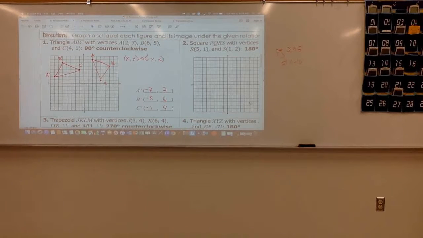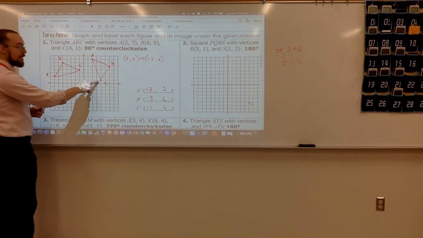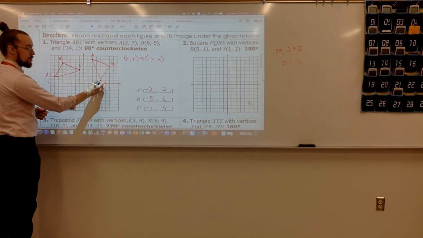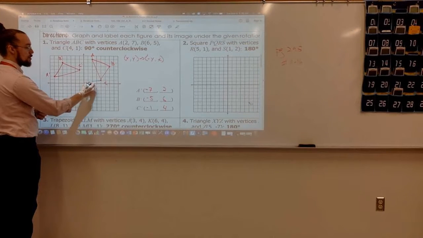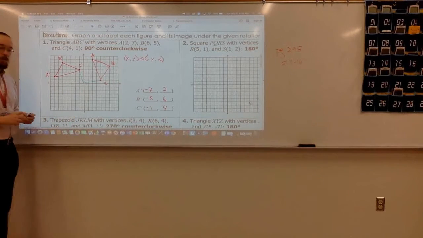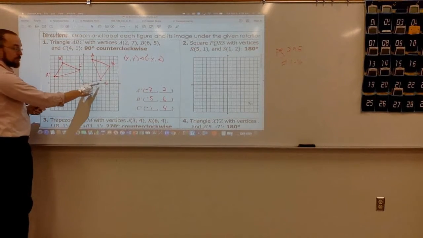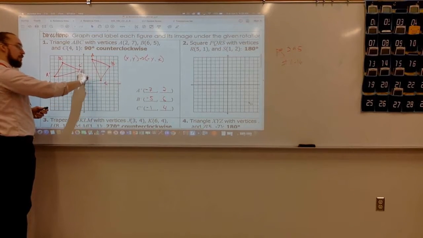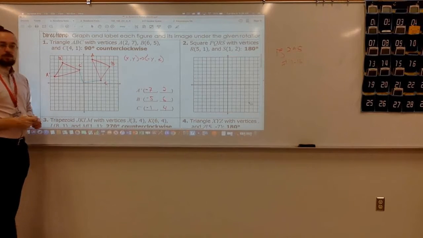Okay, so what we just did, and if I were to connect each of these coordinates to the origin, so let's say I draw a line from C straight to the origin, and then I connect that to C prime. Essentially what we're doing is connecting each of those to my center of rotation and just rotating that line 90 degrees.